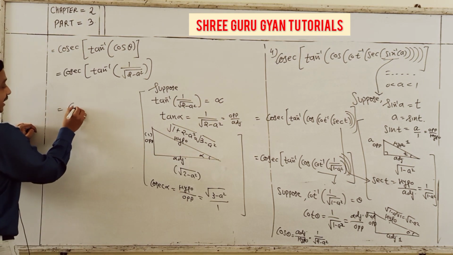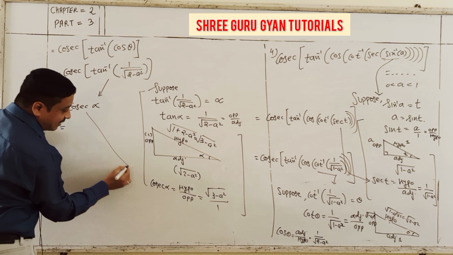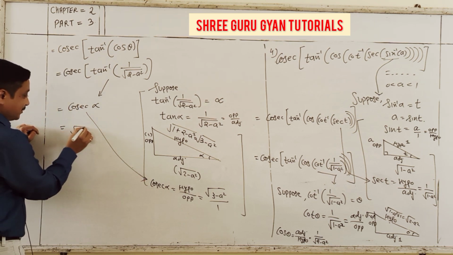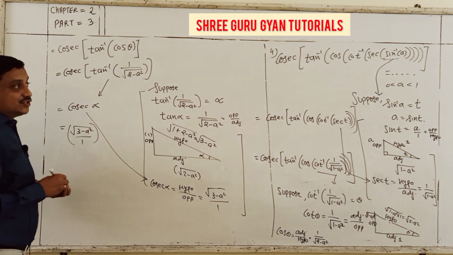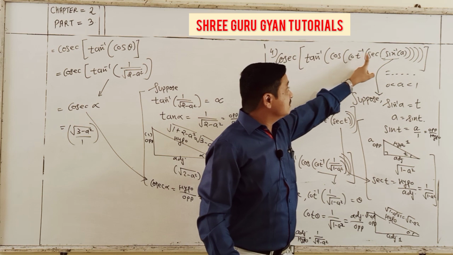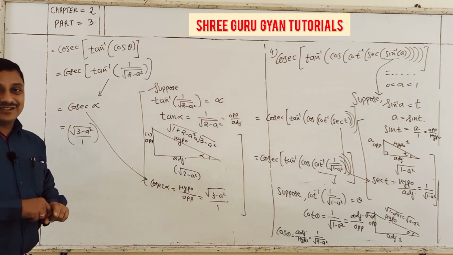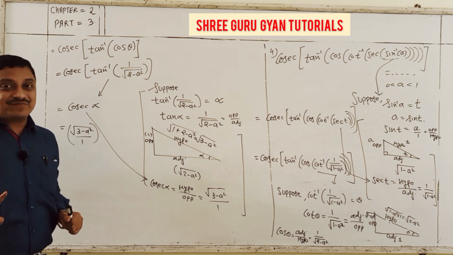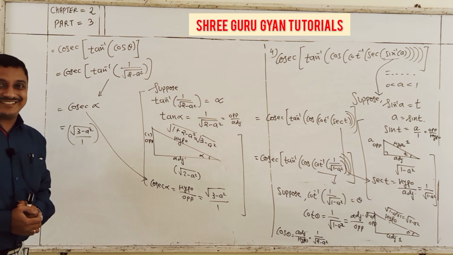So here my ending this sum, that is cosec alpha, which is under root 3 minus a square by 1. Yes, this is your final answer for the whole terms, 1, 2, 3, 4, 5, 6 terms given. But I will explain in 3 different criteria. Okay students, this is important for 3 marks questions.